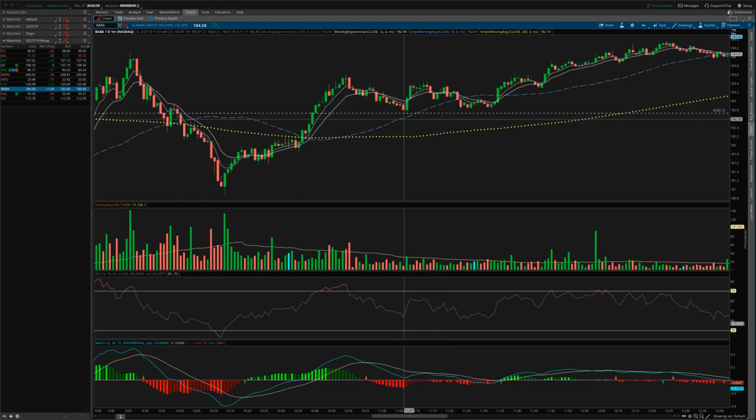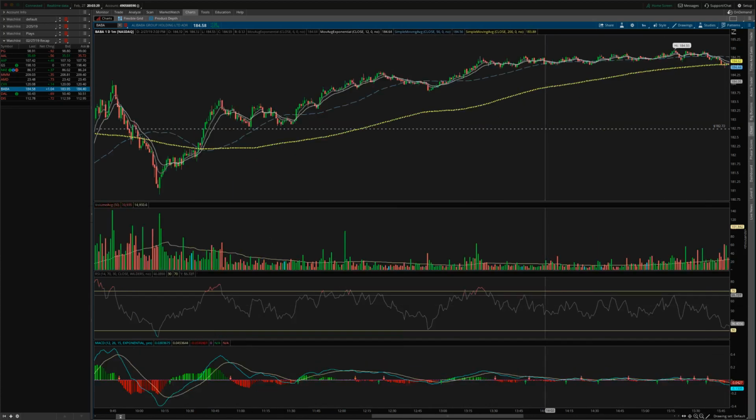Here, how close is this happening next to this area of support? Give it room to breathe. Give it room to go against you for just a little bit. Whatever you want it to do, 10%, 20%, let it. But be patient with it and trust your setup.